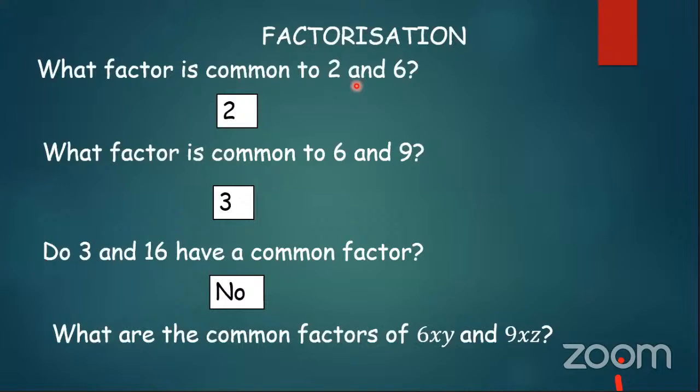3x, 3x, 3x, 3 and x. Okay, so let us get someone who has a hand up. All of us are typing in the chat. So we needed factors, so we need 2.